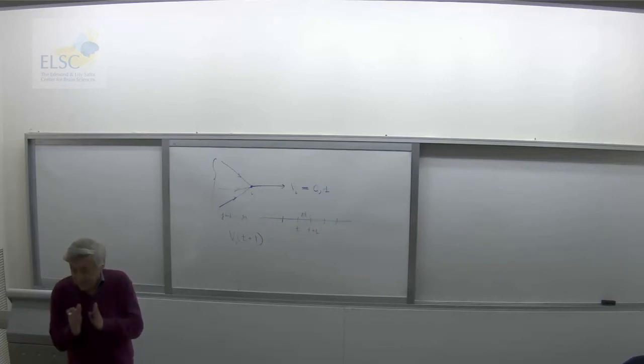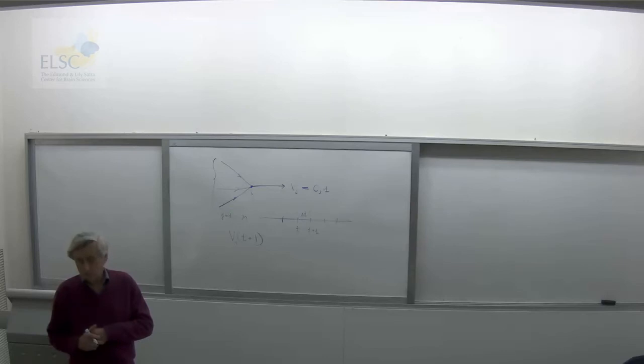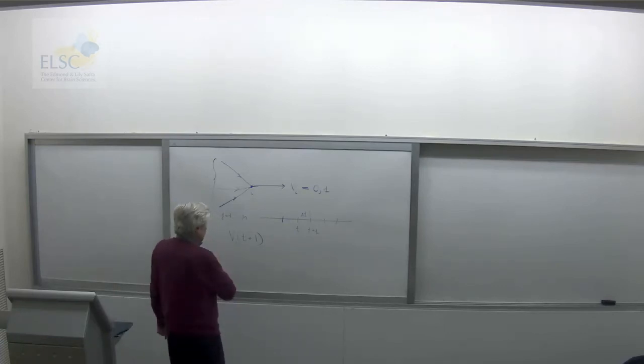And this delta t is the time that the neuron uses to process the input, to analyze the input, and to make a decision.